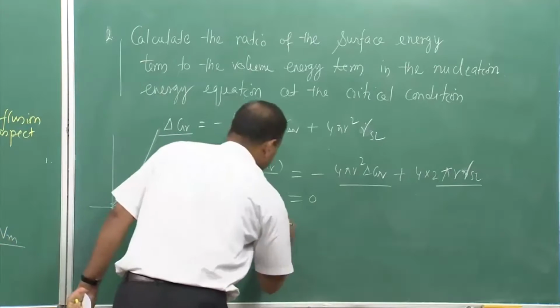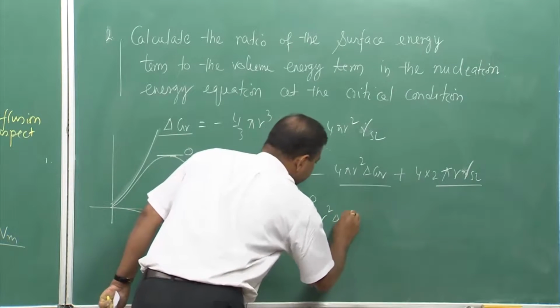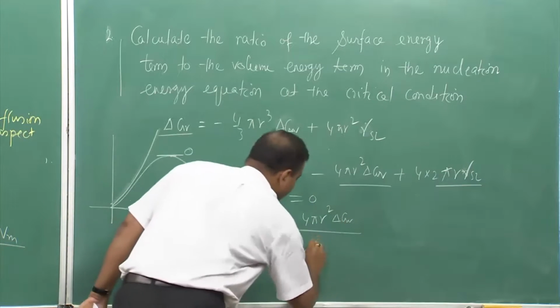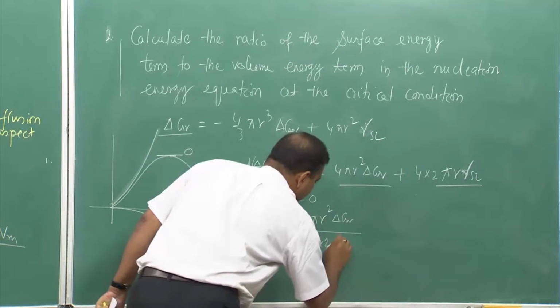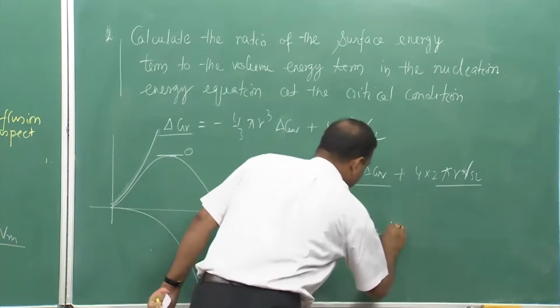So, from there I can say that 4 pi R square delta G V divided by 4 into 2 pi R gamma SL is equal to 1.